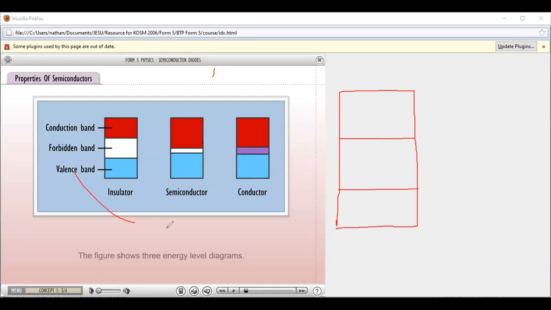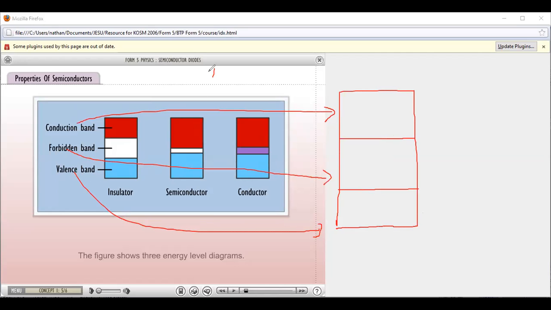Let's say this is your valence band, and this is your conduction band. I just draw this one a bit wider for the semiconductor. Now this is the forbidden band. So what happened?